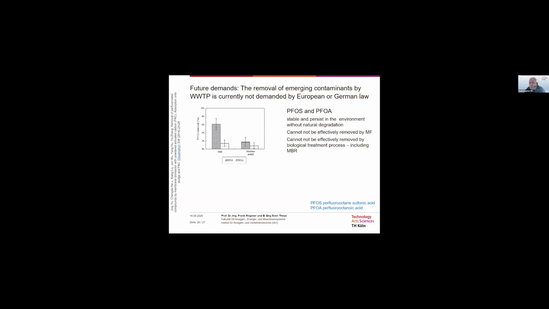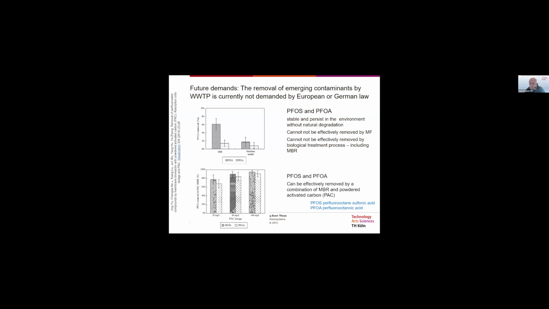The membrane itself can only remove about 2% of the respective PFOS substances, and the membrane bioreactor, including the membrane, can only help to remove about 60% of these materials.